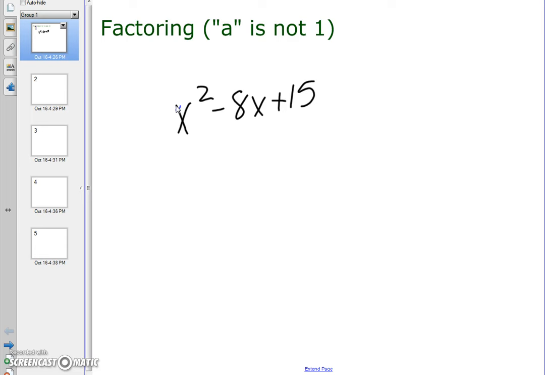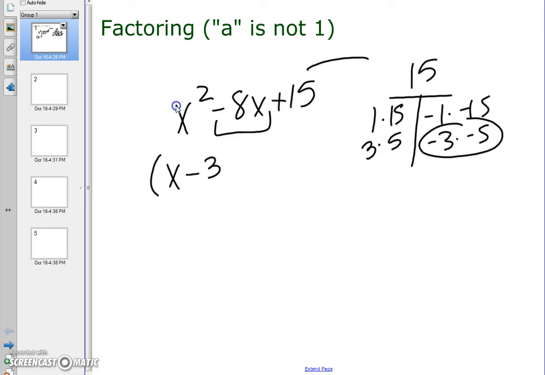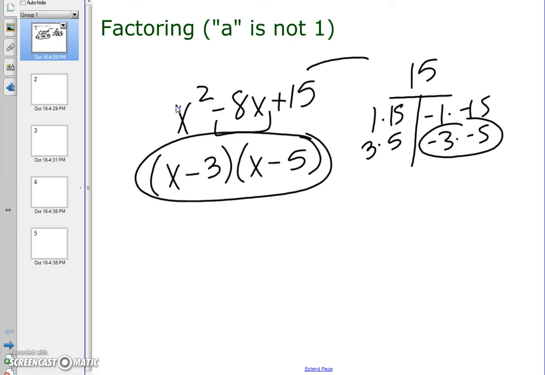And we would find our factors of 15, and we would write them down here. And we would see which one of those give us this middle term, and we would go straight into writing the factors just like this.